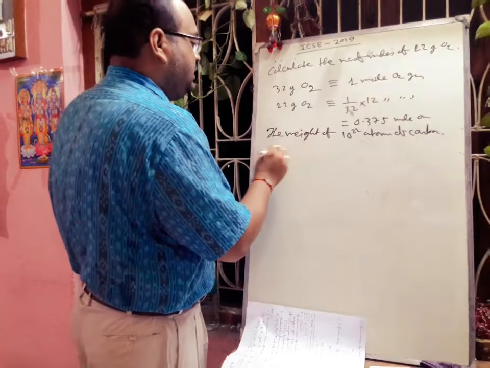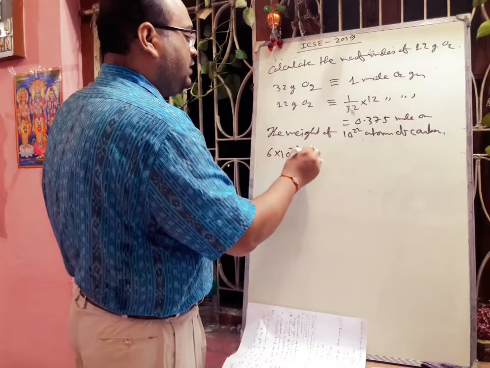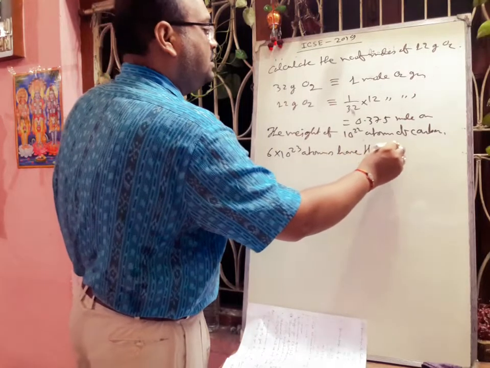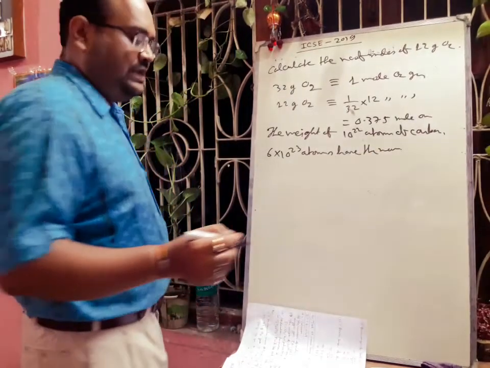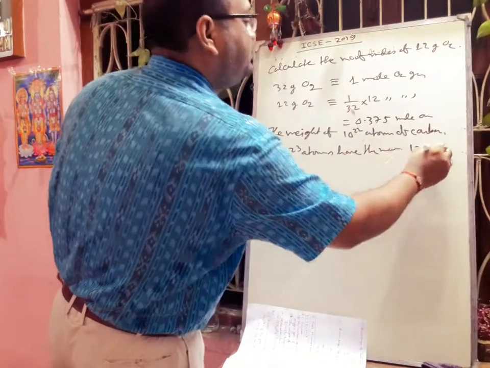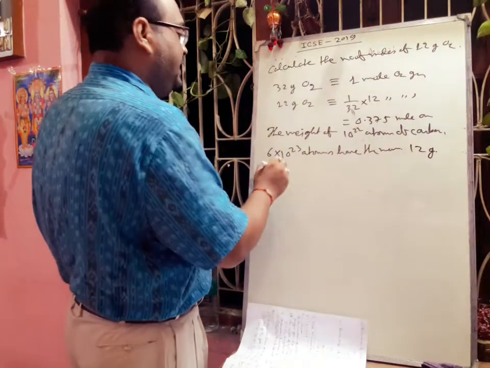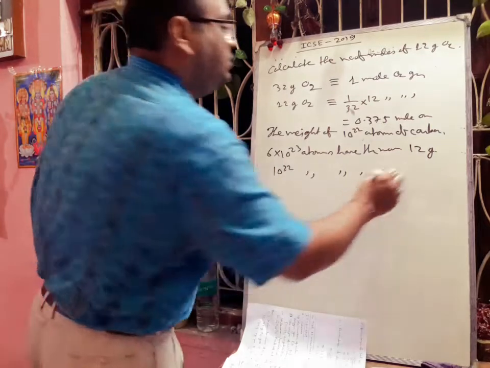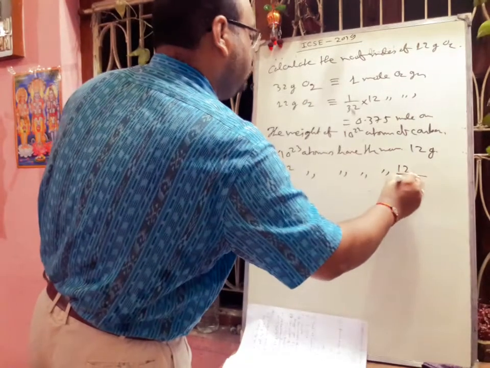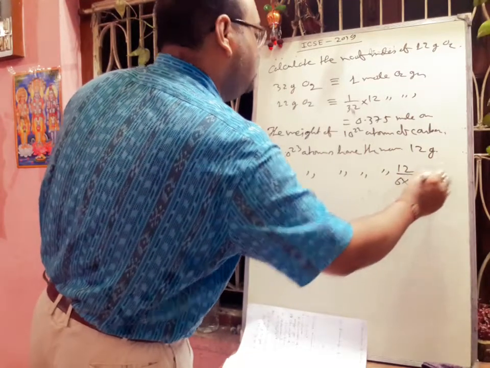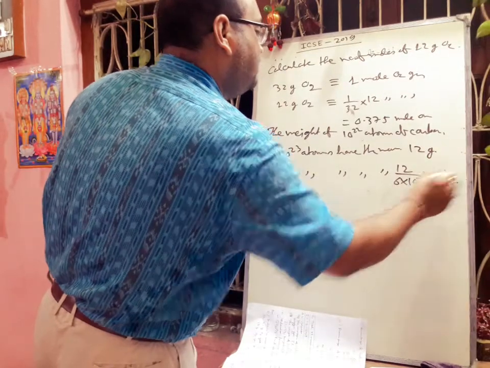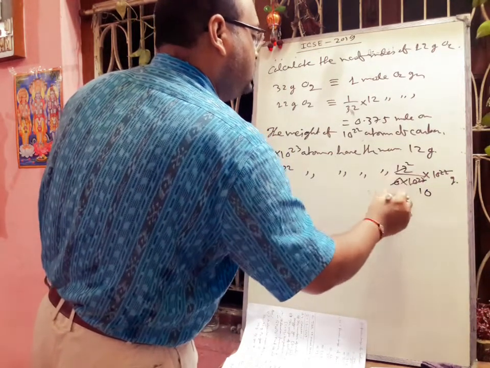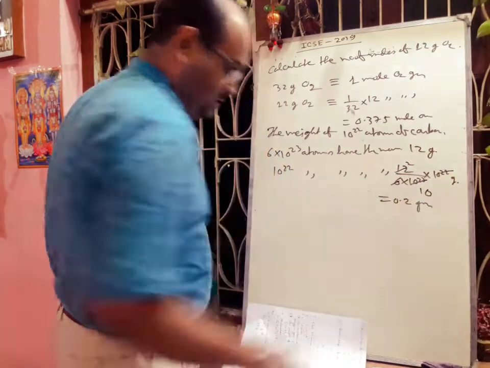So 6 into 10 to the power 23 atoms have a mass of 12 gram. Now 10 to the power 22 atoms will have a mass of 12 by 6 into 10 to the power 23 into 10 to the power 22 gram. If we cut it, it is 0.2 gram. That will be your answer.